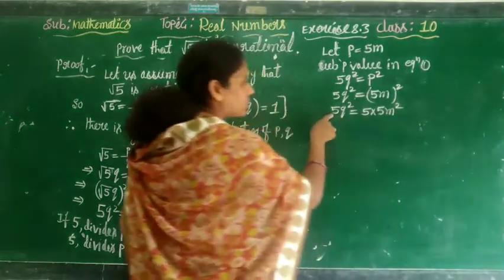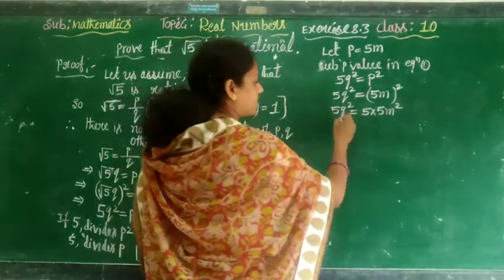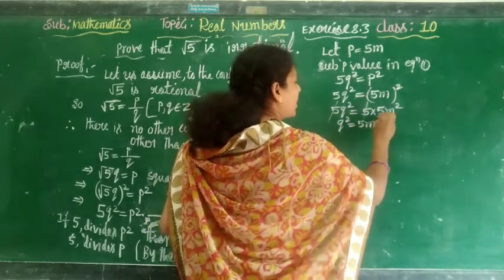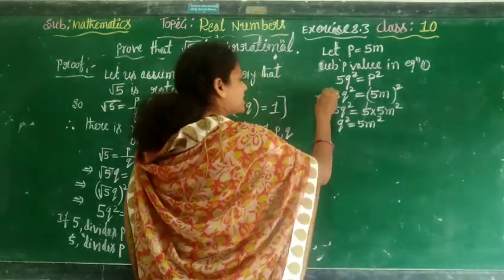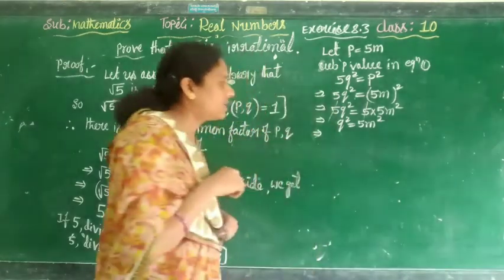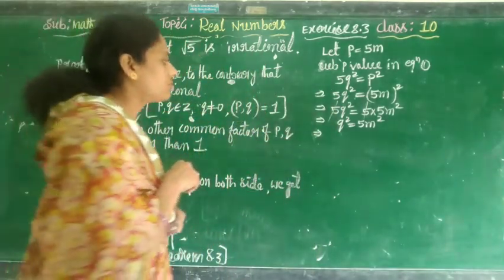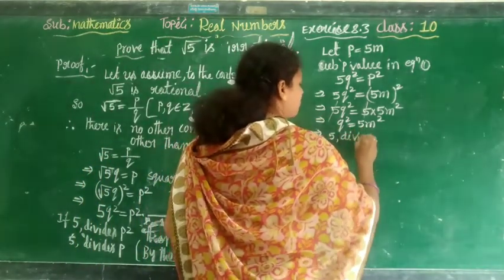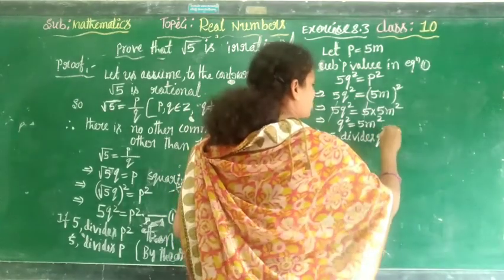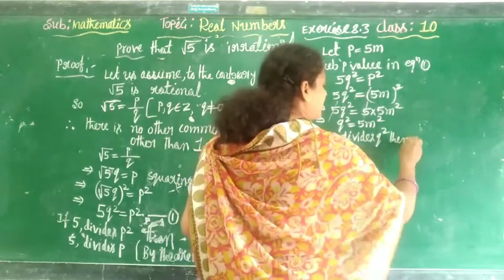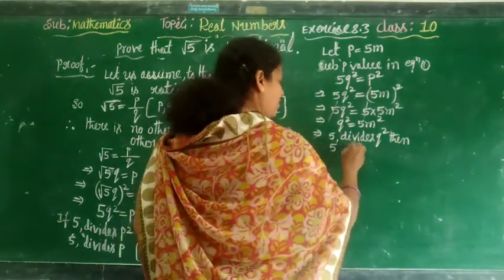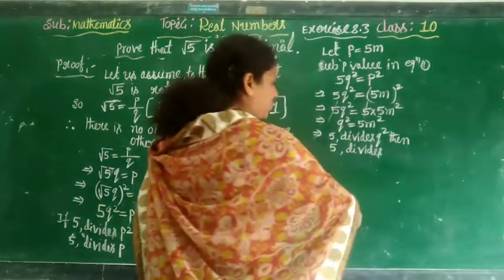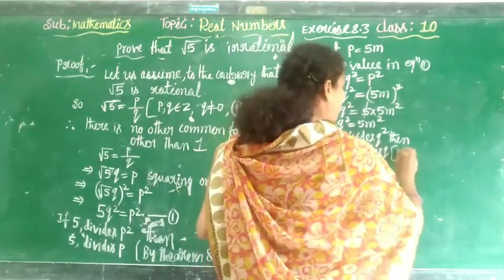Yes students, so q square is equal to 5m square. So this implies that if 5 divides q square, then 5 also divides q by theorem.